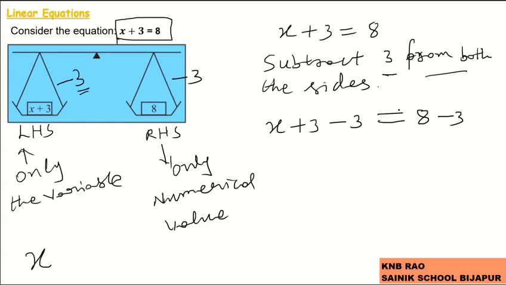That means still this equality remains. Now, what is the left hand side? Plus 3 and minus 3. 3 added and 3 subtracted, this plus 3 minus 3 goes away. It becomes 0. So, we are left with only the variable on the left hand side. And in the right hand side, 3 subtracted from 8 gives you 5.